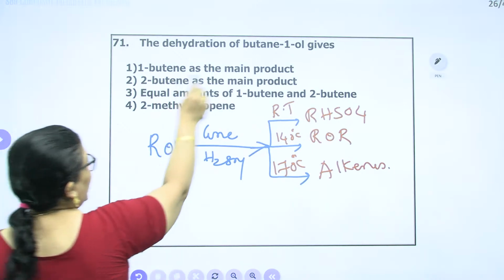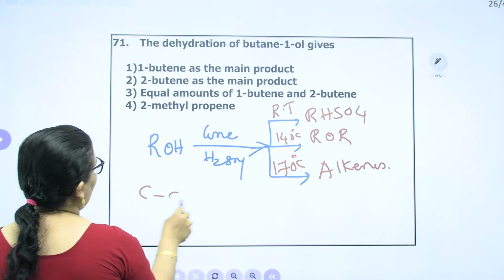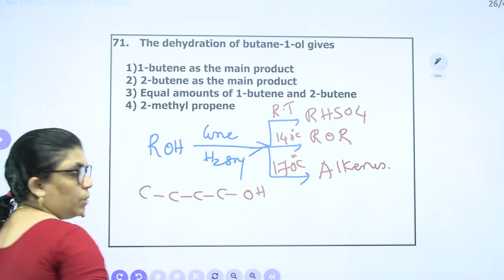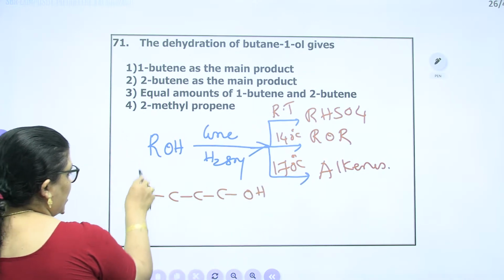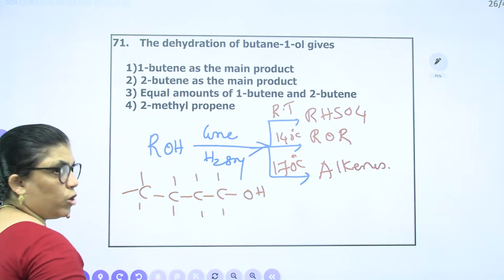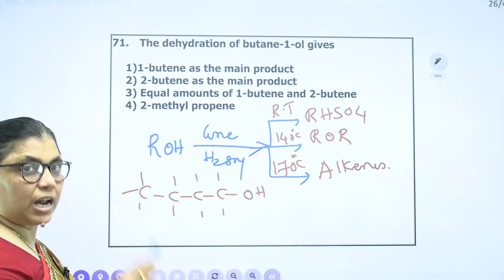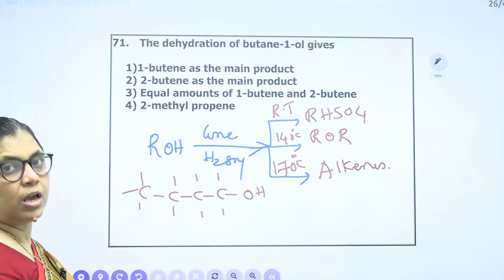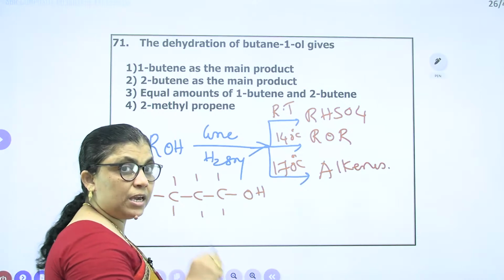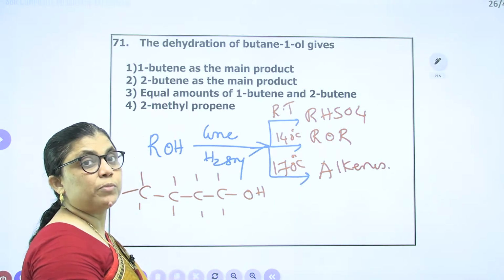But here, 1-butanol, butan-1-ol, they said. All 4 carbon atoms are there, and on the first carbon atom an OH group is linked. When it undergoes dehydration, it can be obtained as 1-butene.